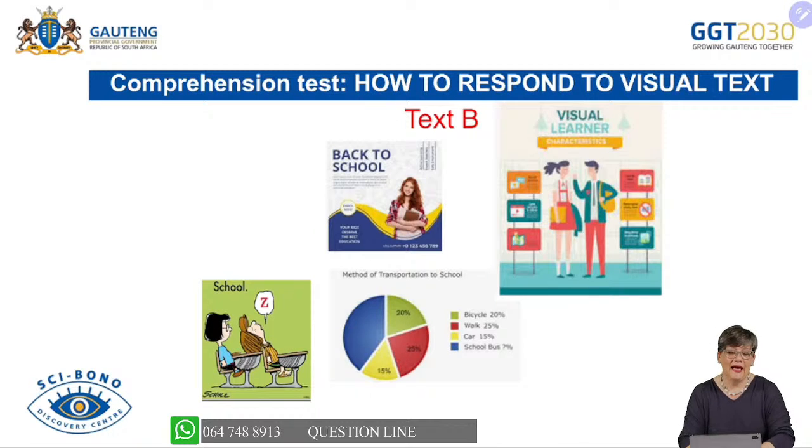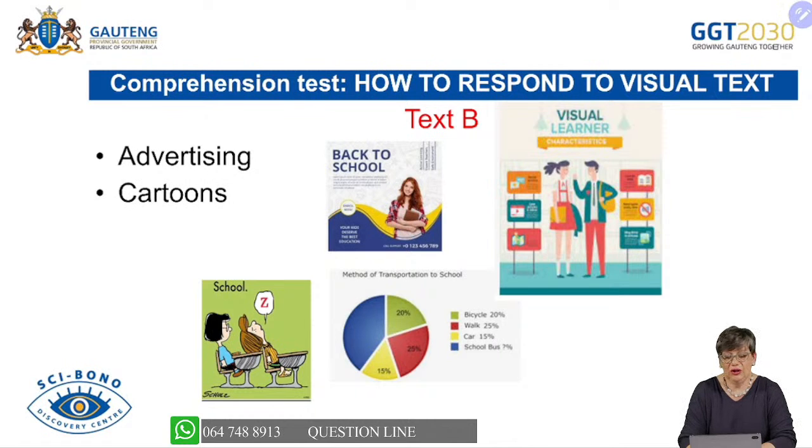Now, remember you will be given a visual text. And as I said, it has no connection to text A, which is the written text. Now, your visual text might be anything from an advertisement, it can be a cartoon, it can be a graph, or it might even be an infographic.